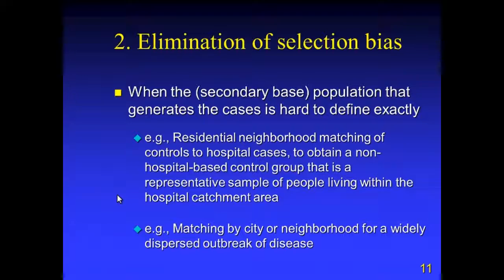One way to replicate or sample from that secondary base is, for example, to use neighbourhood controls. So basically we would be matching our hospital case group on neighbourhood controls. This is a form of matching, and it helps in that instance to eliminate selection bias.